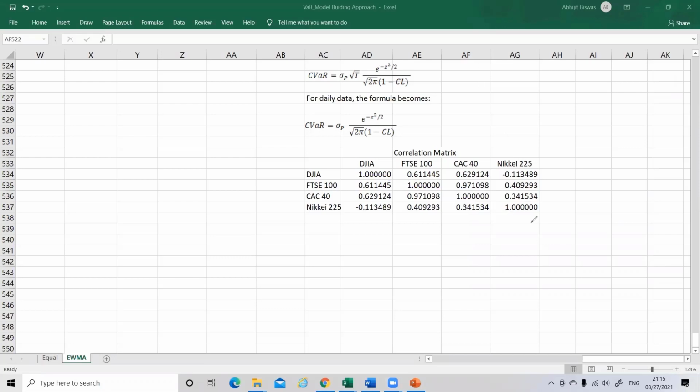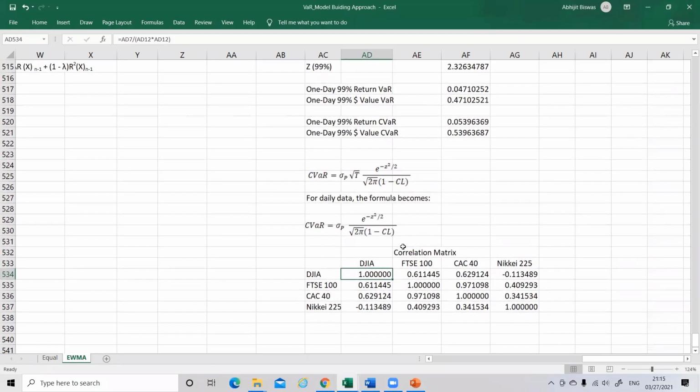And if you want to be super confident about the concept, you can even apply the formula and check whether you are getting exactly 1 or not. Say, for example, how will I calculate the correlation between Dow Jones and Dow Jones? I will take the covariance between Dow Jones and Dow Jones divided by the standard deviation of Dow Jones multiplied by the standard deviation of Dow Jones.